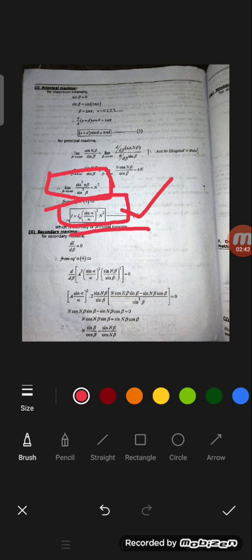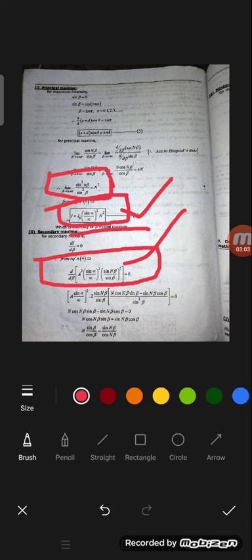Now the secondary maxima. For the secondary maxima, the differentiation of intensity with respect to beta is equal to 0. That is, d by d beta of A square (sine alpha by alpha) whole square (sine N beta by sine beta) whole square is equal to 0.